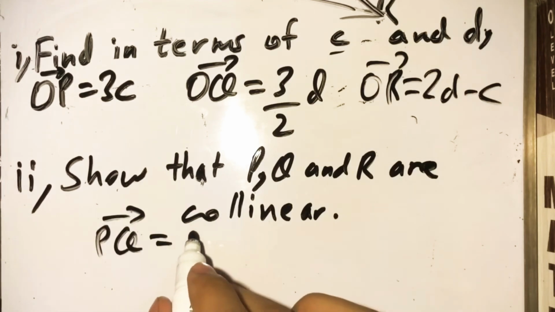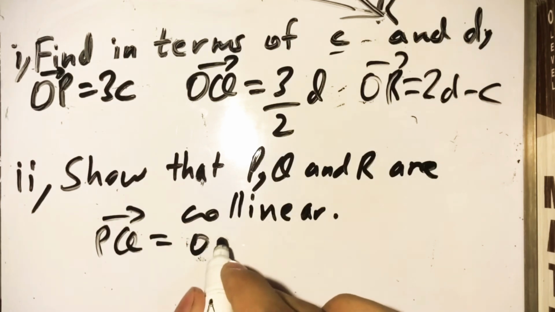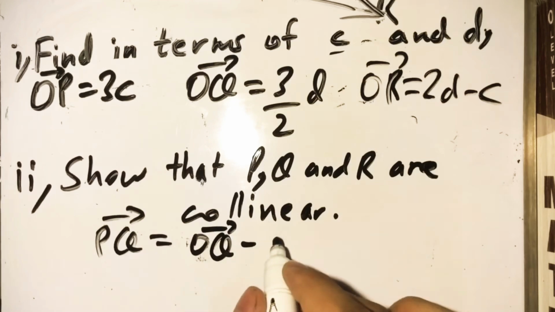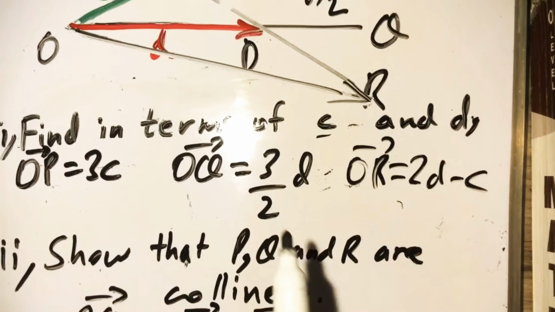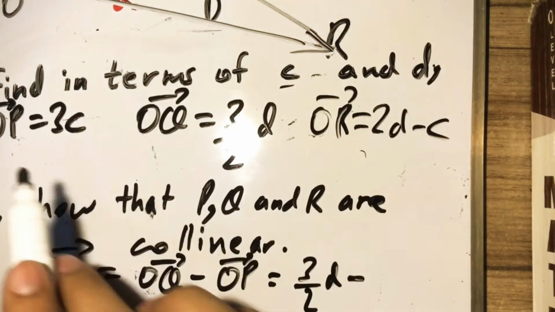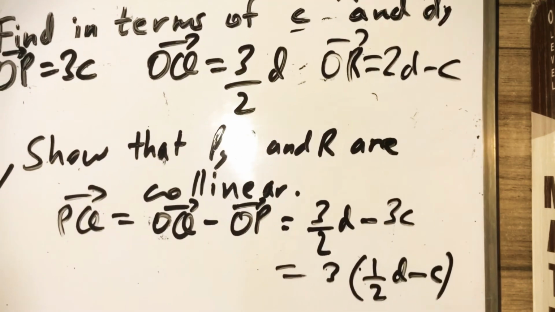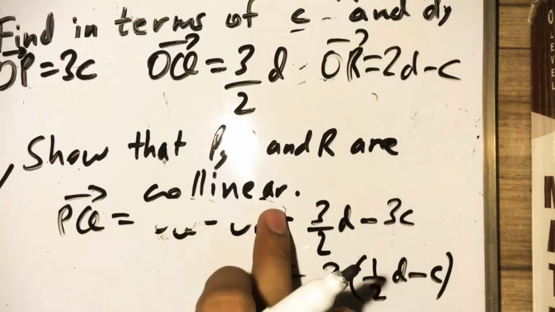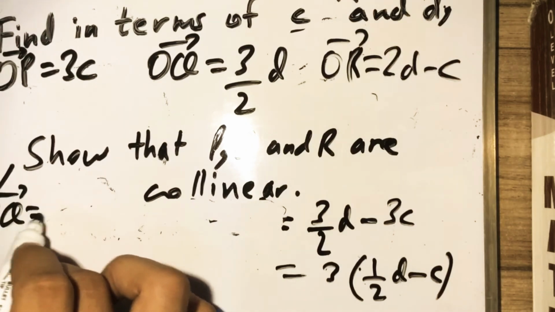For PQ, we'll have OQ minus OP, equals OQ we have as 3 upon 2 D minus OP we have as 3C. So if we take 3 common, it's half D minus C. This is PQ. PQ equals 3 times that.